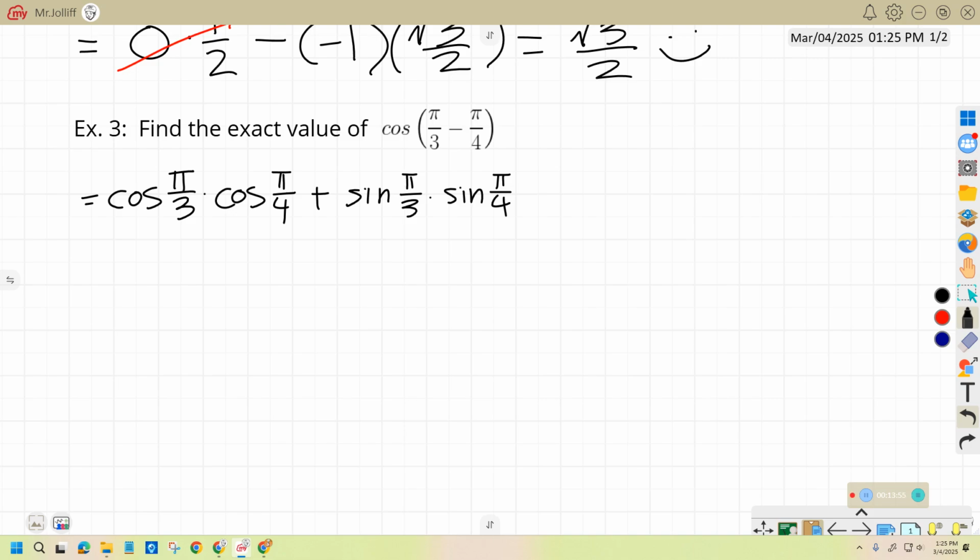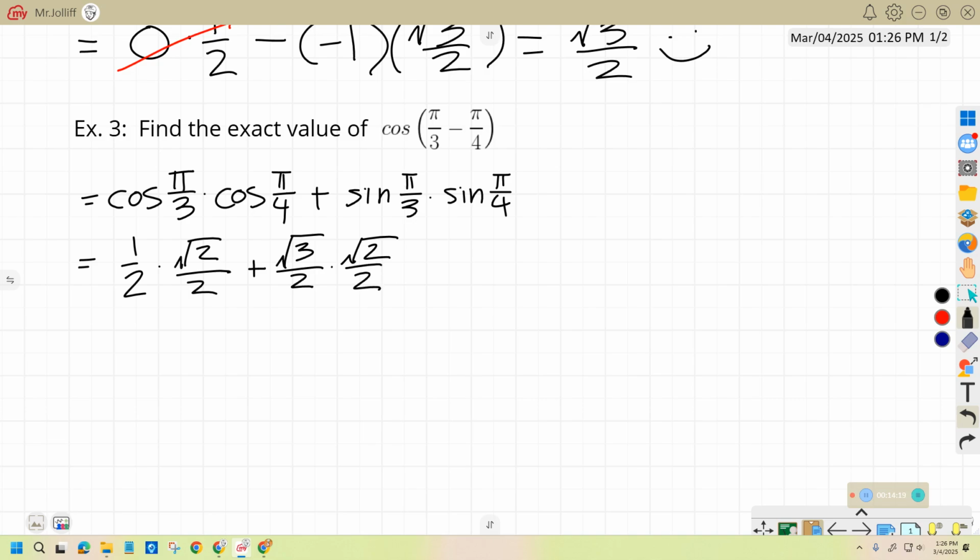I see some nodding. Very good. What do we do next? Then, I guess we refer to the unit circle, and from there I got 1/2 times square root 2 over 2 plus square root 3 over 2 times square root 2 over 2.